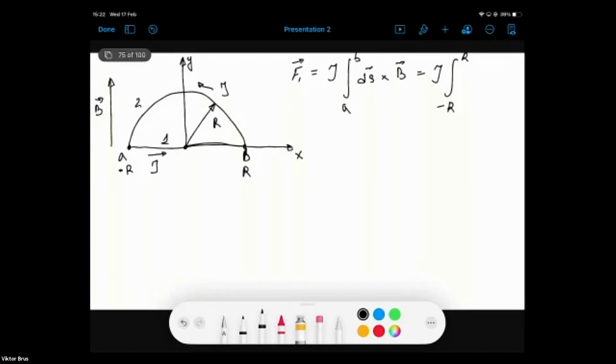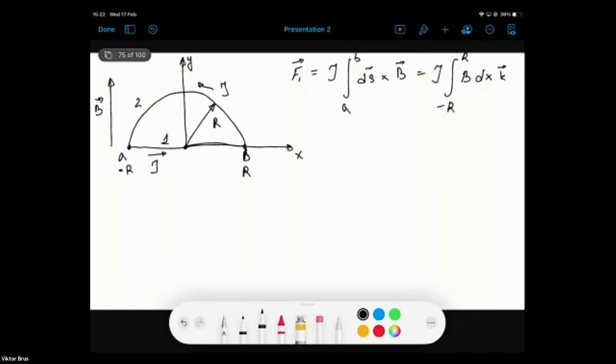We will consider that this is axis Z, the positive direction for axis Z. And if we take this all into account, it will be magnetic field times dx, the change of the coordinate along axis x, and then we multiply it by unit vector k, which will define the direction.